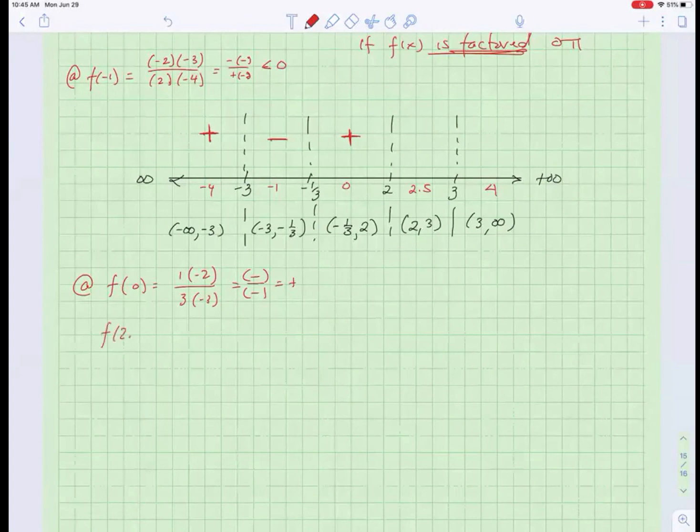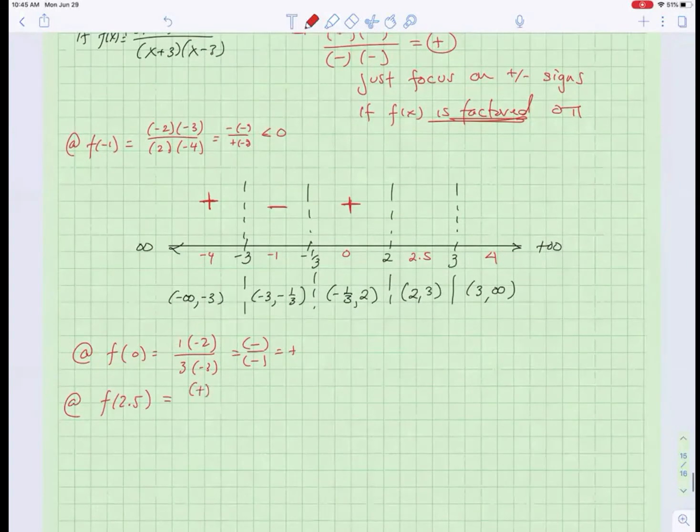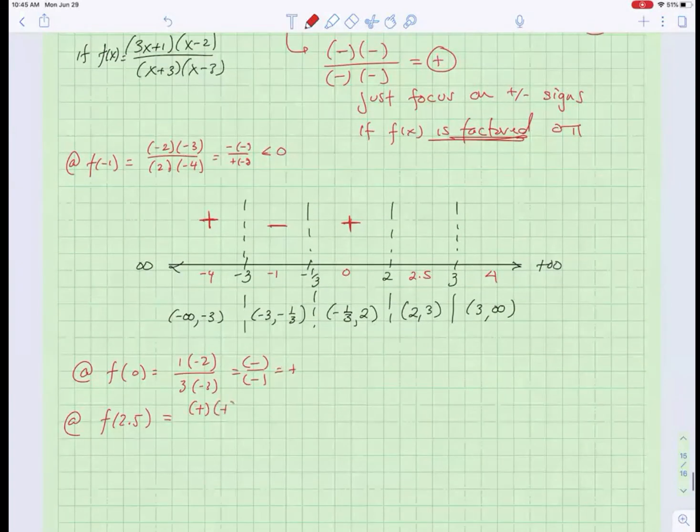F of 2.5, that is going to be positive, positive, positive, negative, which is negative overall. And then finally, at f of 4, it's going to be positive times positive times positive times positive, which is positive overall.